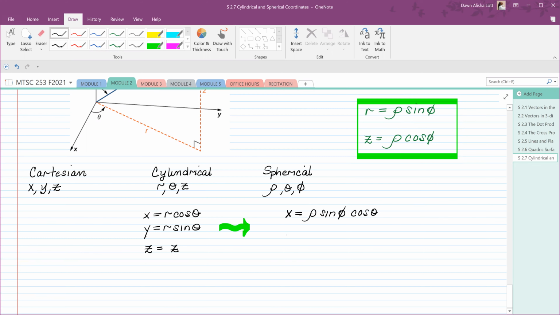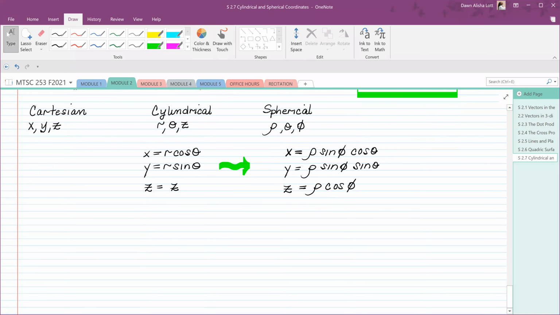And now y is rho sine phi sine theta. And now z is rho cosine phi. So that's the matchup.